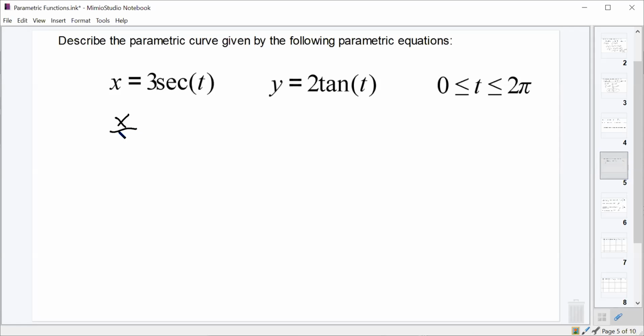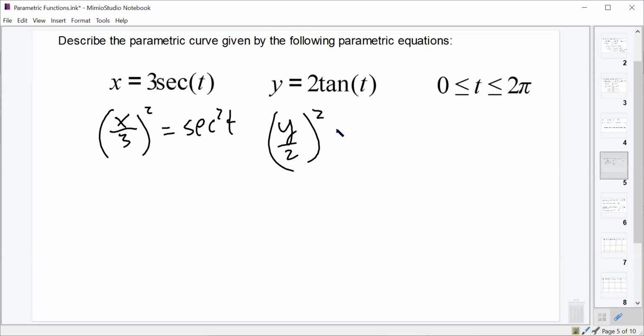So we're going to get x over 3, and we're going to square it, is equal to secant squared t. And we're going to have y over 2, we'll square that, is equal to tangent squared t.